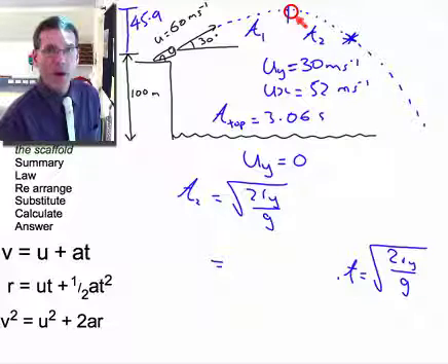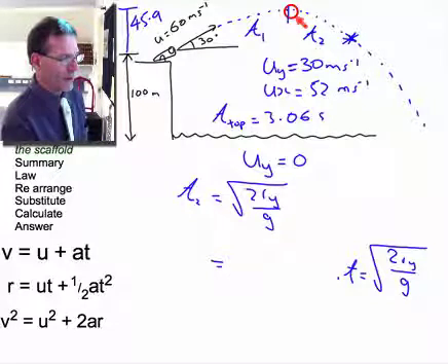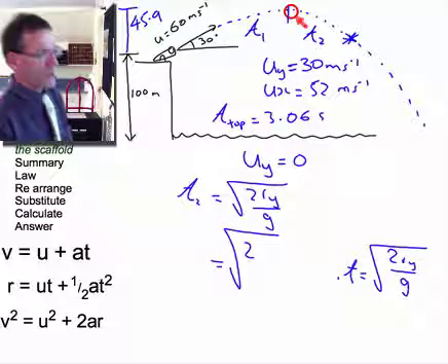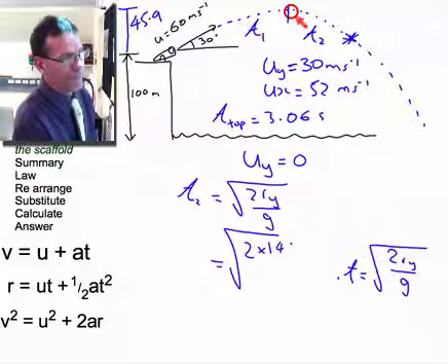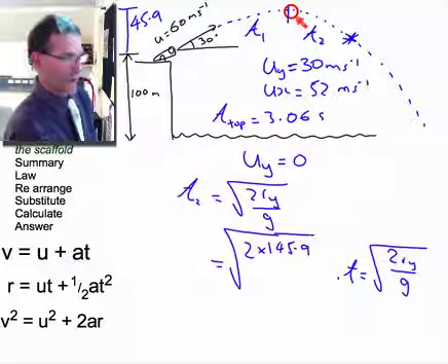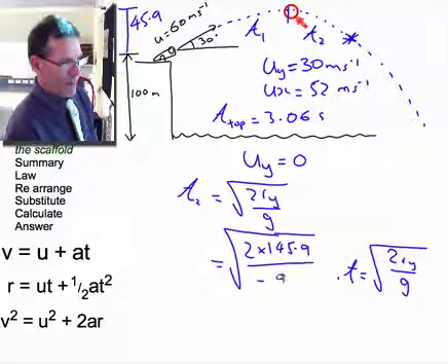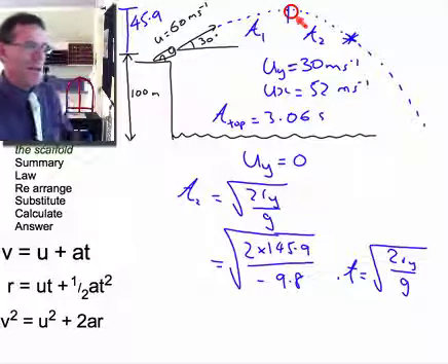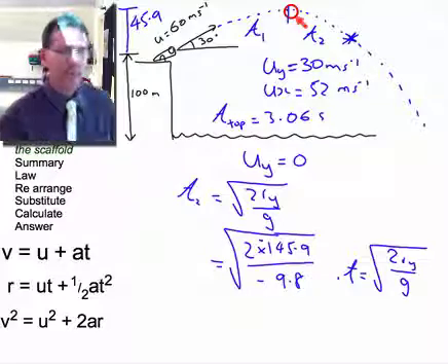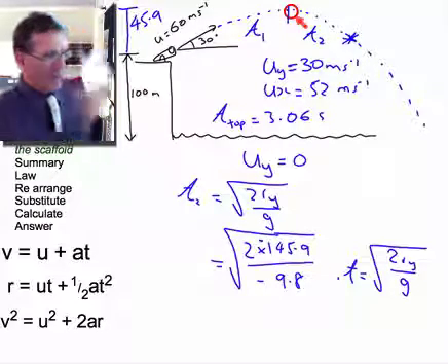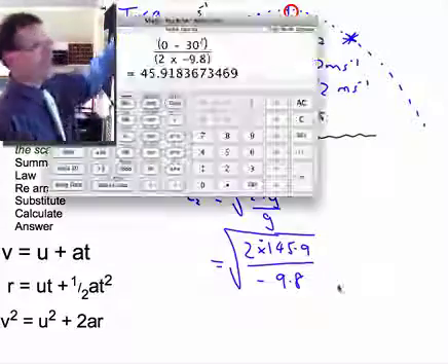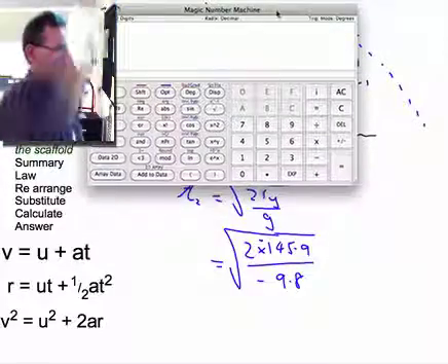Now we know everything on the right hand side, so we can simply substitute it in. ry is the change of displacement, which is 145.9 meters, 100 plus the 45.9, divided by minus 9.8. Now, the change in displacement is going to be downwards, so actually that's a negative 145.9 meters because we're going to fall.